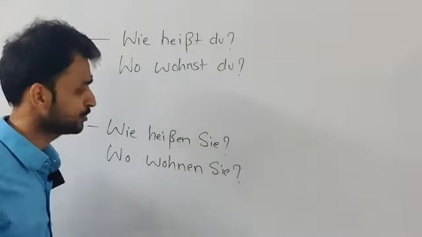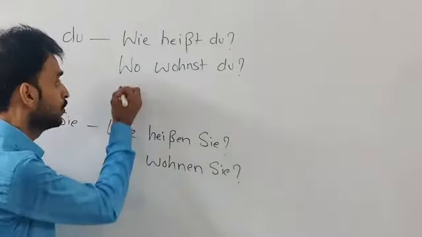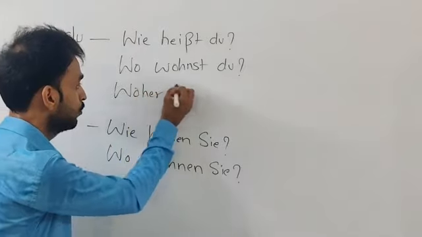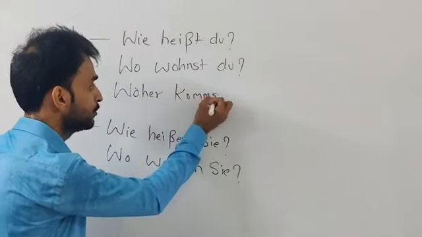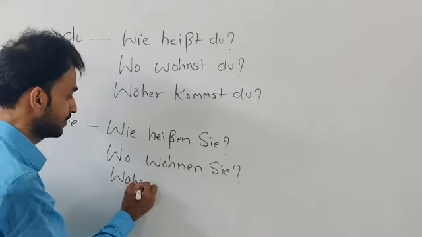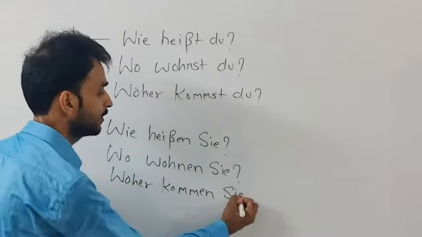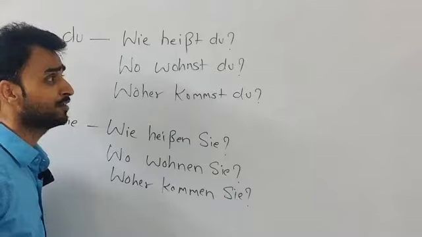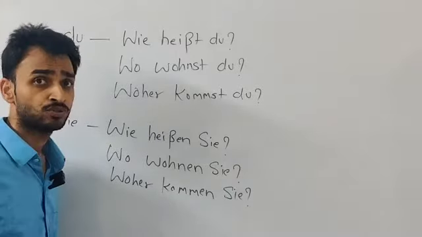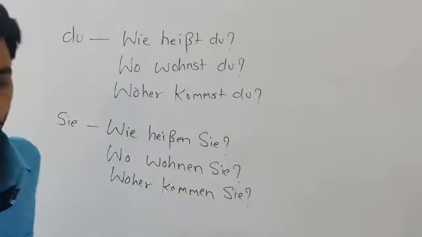So in German, it is very much clear. Wo wohnen Sie and Wo wohnst du? Similarly, Woher kommst du? Means where do you come from? And here, Woher kommen Sie? The meaning is the same, but the difference is formal and informal conversation. This is very important. If you are learning German, you should know how to talk in formal and informal conversation.